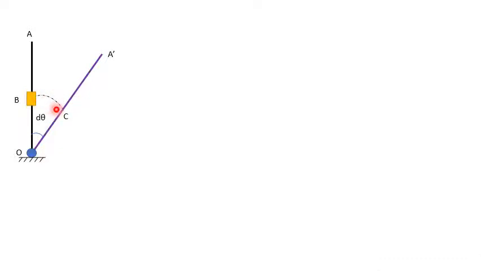Next, the movement from C to D takes place due to the outward velocity of the slider B.